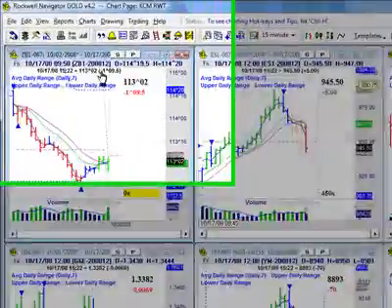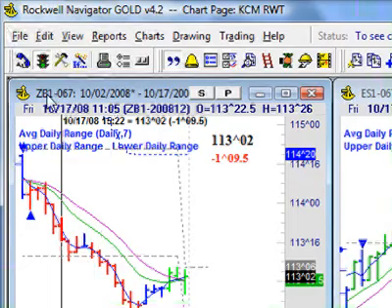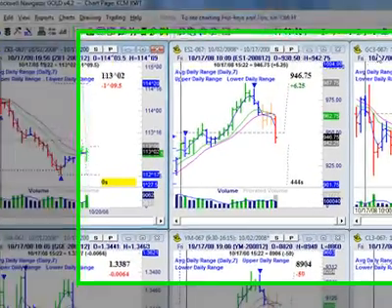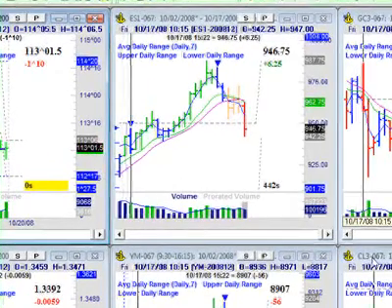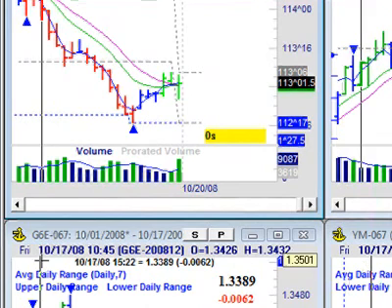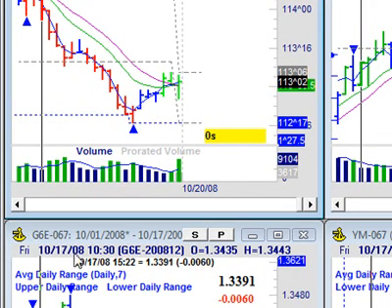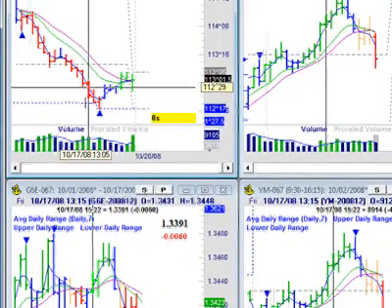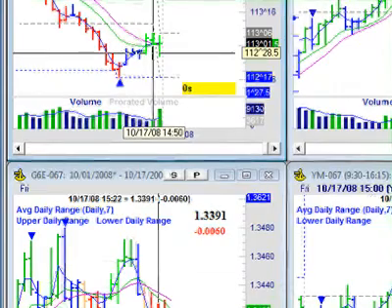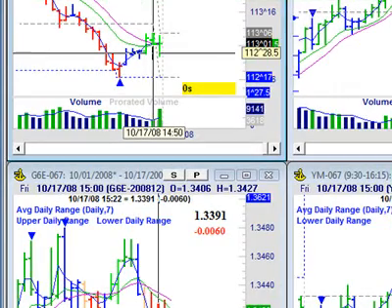Now, to round up the 6 markets that I'm looking at: the ZB long bond, the ES, E-mini S&P. I'm looking at gold, oil, the Dow, this is the E-mini Dow, the YM, and I'm also looking at the Euro FX, the currency. Now, just so you understand relations, the bonds and the euros normally move in inverse of each other.